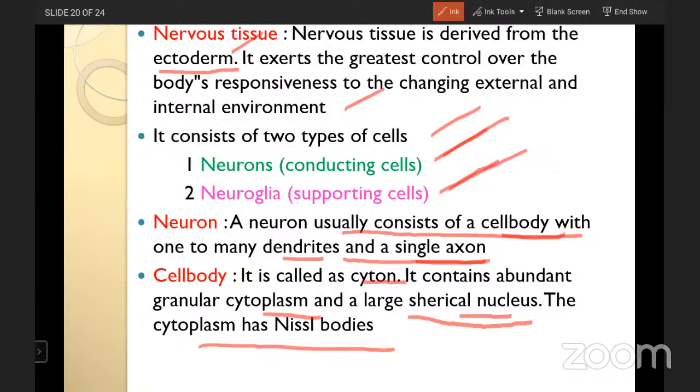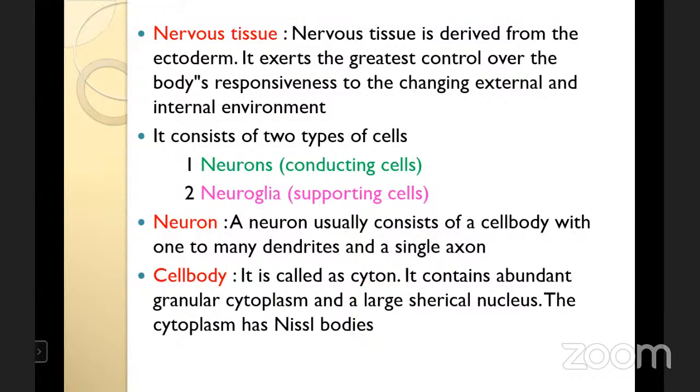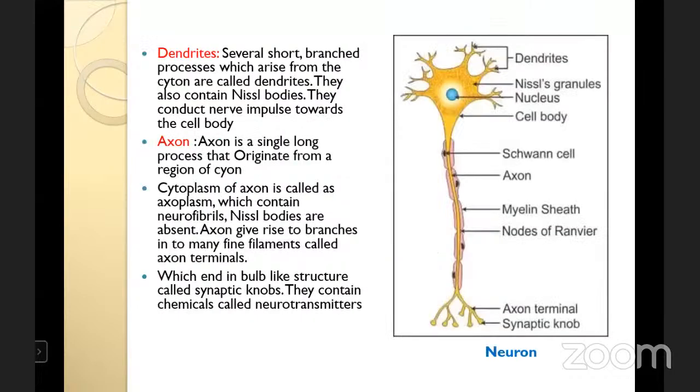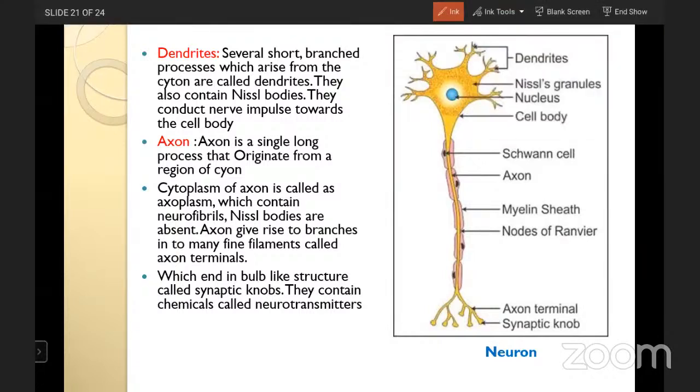So let us go for the diagram. Here in this picture, we are able to see the structure of a neuron. This is the cell body and this is the axon.